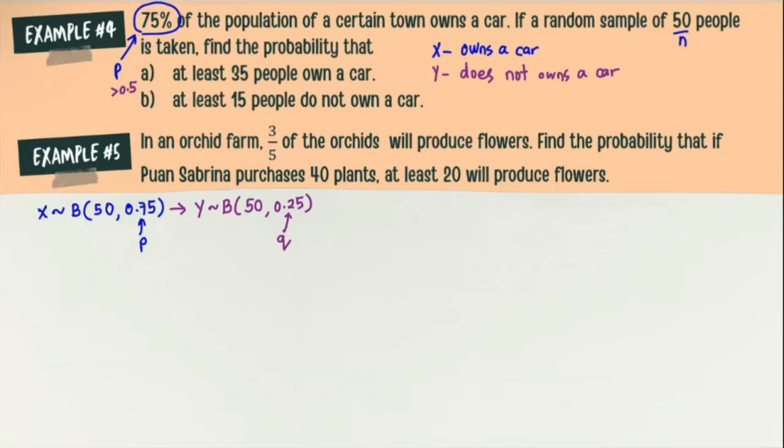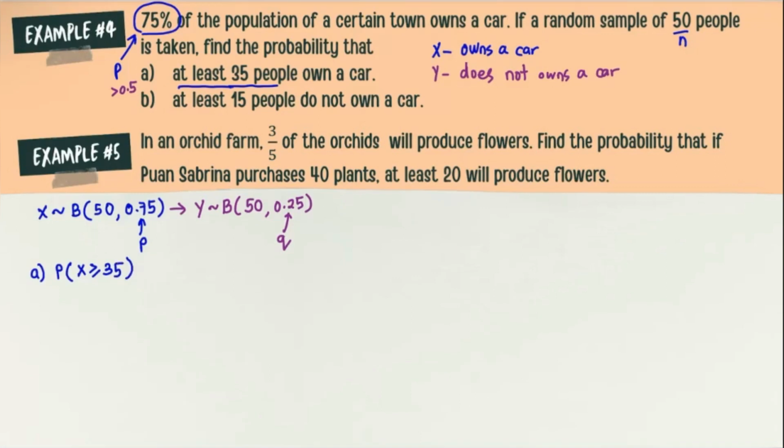Let's look at the first question, A: at least 35 people own a car. At least means a minimum of 35, so it can be more than 35. So X is more than or equal to 35.